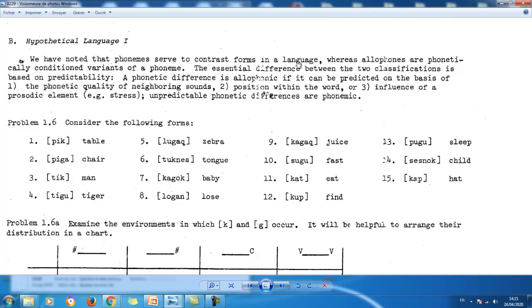Phonemes are contrastive units, but allophones are phonetically conditioned variants of a phoneme. What do you mean by they are phonetically conditioned variants of a phoneme? It means that each realization of the phoneme that we obtain depends on the phonetic environment where it is found. So this is what is meant by they are phonetically conditioned variants of a phoneme.